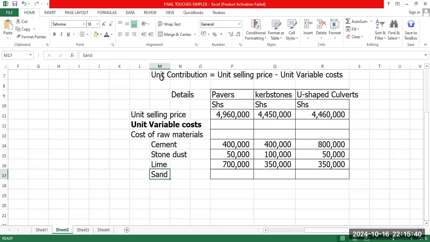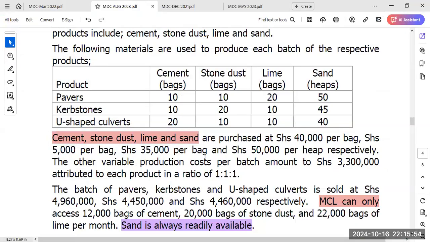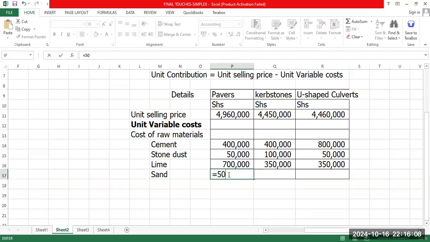Lastly, sand. For it to produce a batch of pavers, you need 10 times 50. So we are going to get 50. Here it is 50 times 50,000.